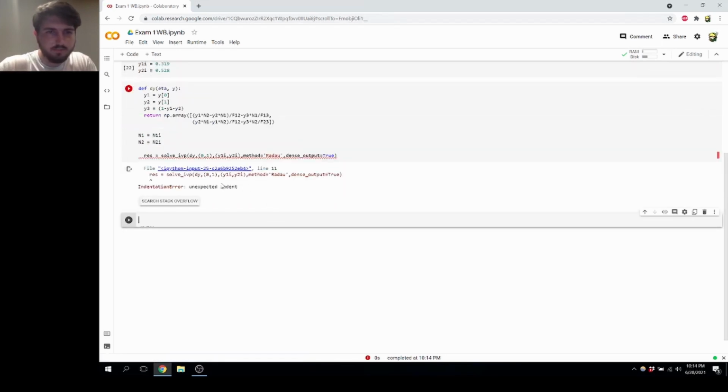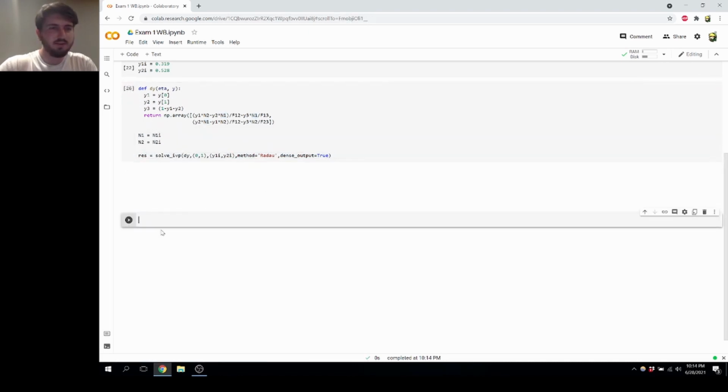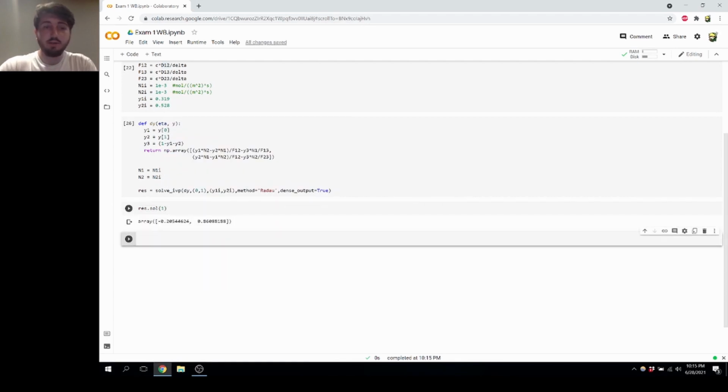What is going on there? Oh. It's always those little things that get you. The reason we're doing that is we're actually going to go ahead and solve for 1, and that'll give us this array.